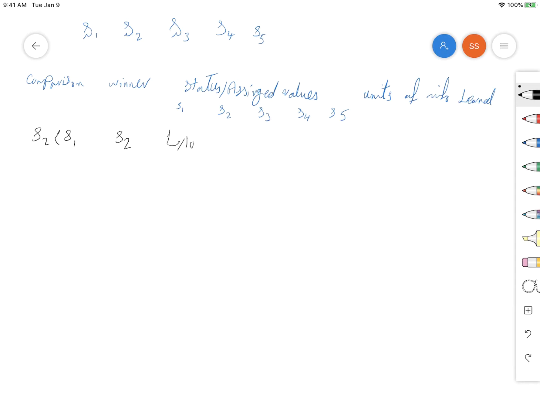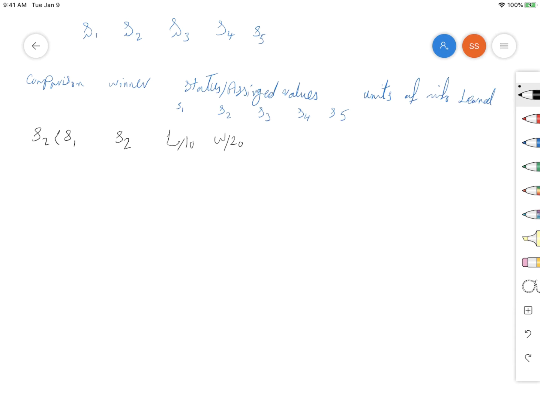S2 was the winner, so its status becomes W. But now we also need to assign a value to S2. Because S2 was greater than S1, the value we assign to S2 will definitely be greater than 10. So let's say, for example, we are assigning the number 20 to S2.